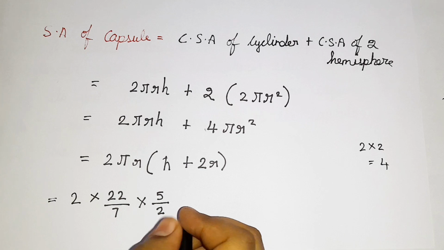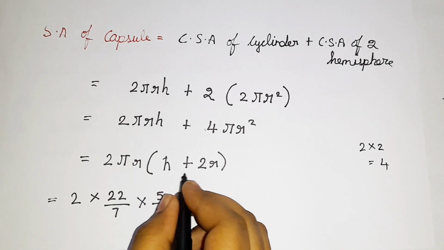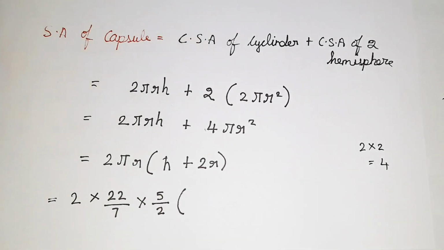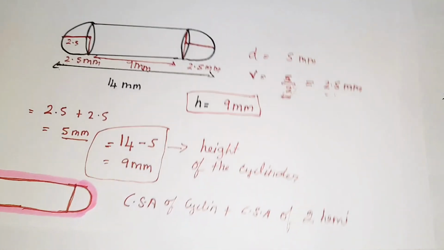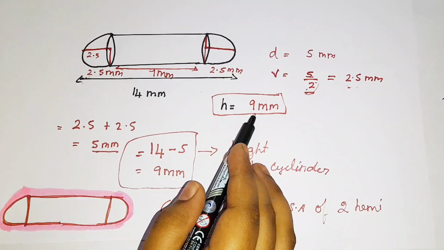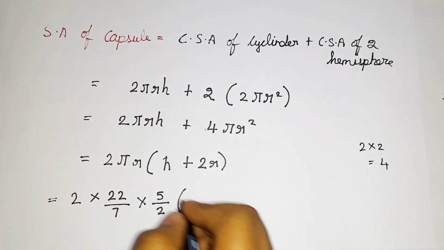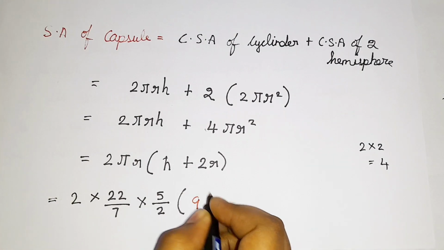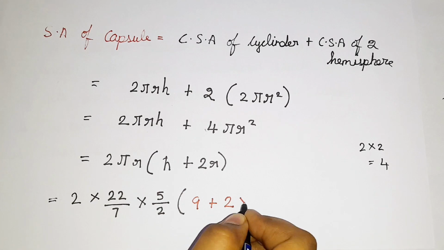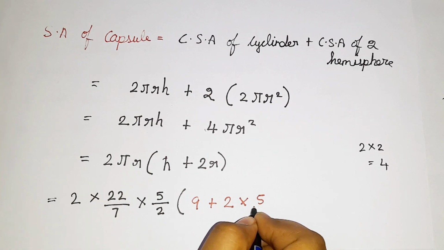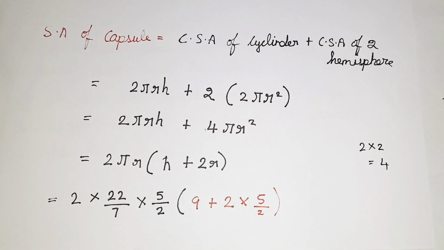Okay, so now in the bracket I can write h plus 2r. So I'm supposed to substitute the values. What is h? H is the height. So here the height is 9 millimeter. So let us write 9 plus 2 as it is into r. What is r? 5 by 2. Okay, all right guys. So now we don't have space. What to do?